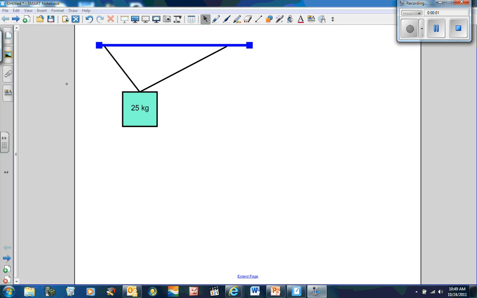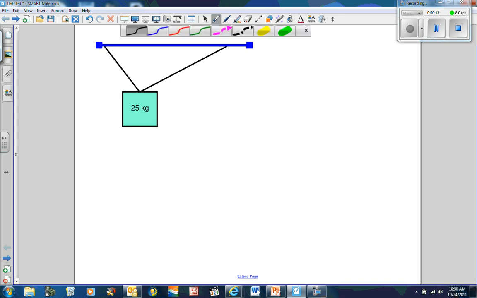We're going to find what the tension force is going to be in these two cables. We'll call this T1.